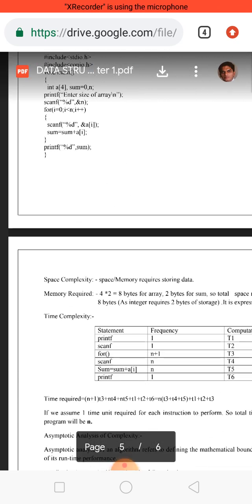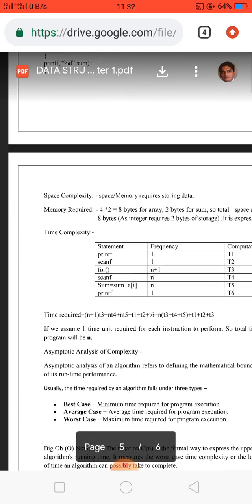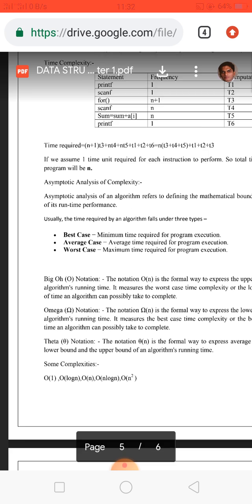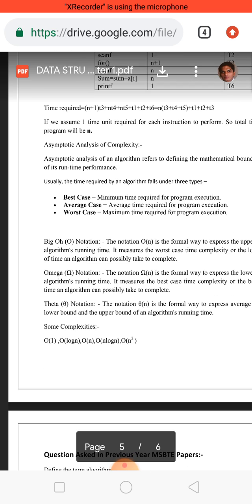What is an algorithm, what is time complexity, what is space complexity, what are the three cases of algorithm, best case, worst case, and average case, and the three notations to express complexity, that is big O, omega, and theta. Big O expresses upper limit, omega expresses lower limit, and theta is the mediator.